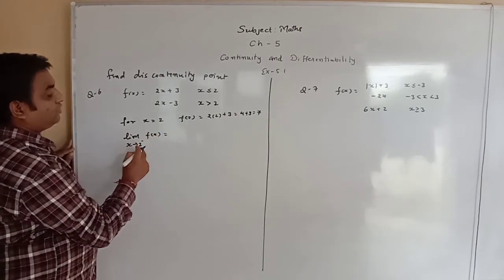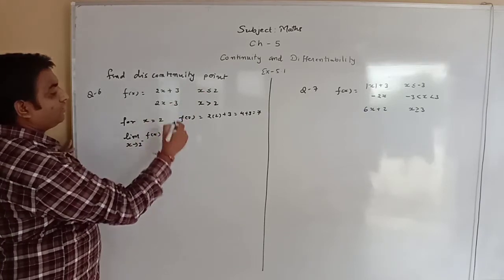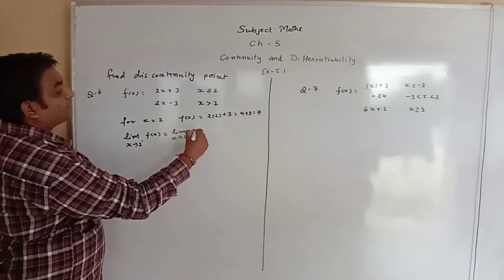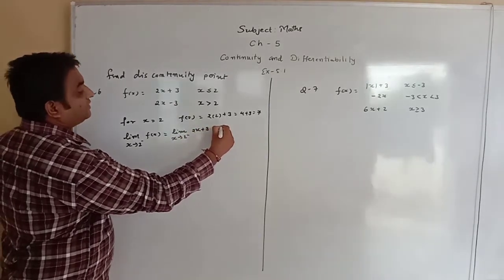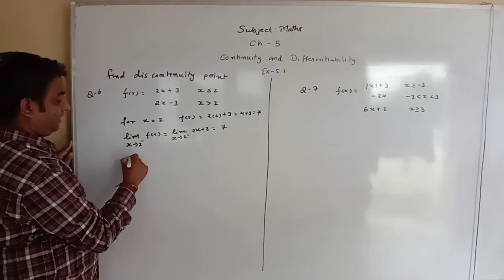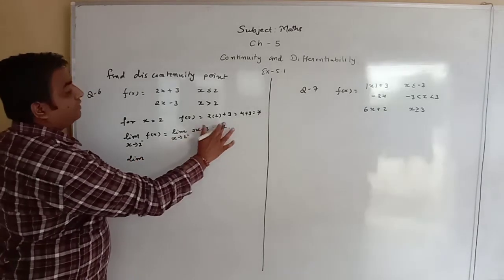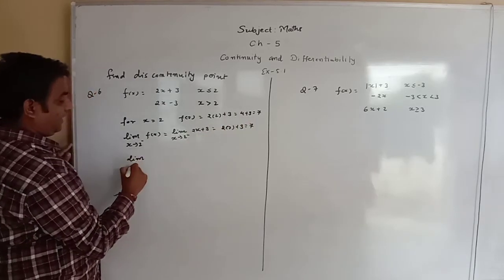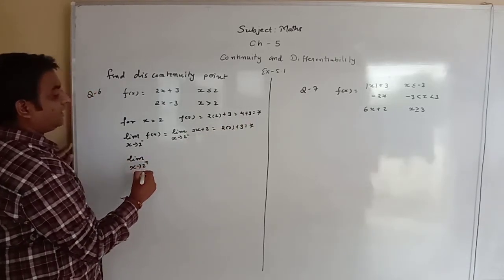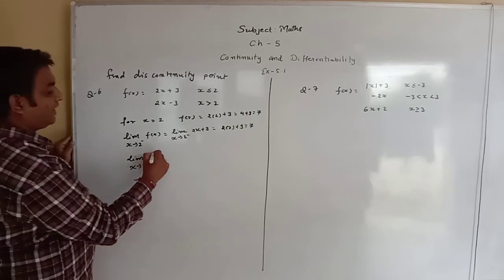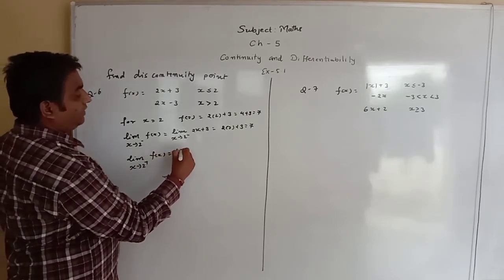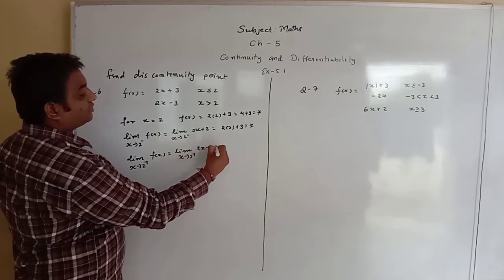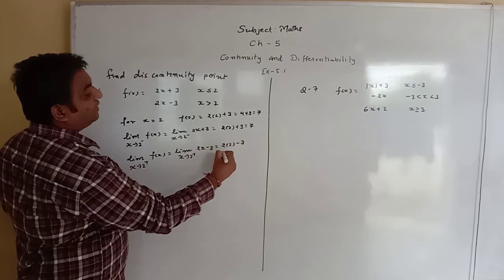For less than 2 it is given 2x plus 3, so limit x tends to 2 minus 2x plus 3, which is again 2 into 2 plus 3, so 7. And limit x tends to 2 plus, the right limit, means greater than 2 numbers we take, then it is limit x tends to 2 plus 2x minus 3, so 2 into 2 minus 3, 4 minus 3 equals 1.